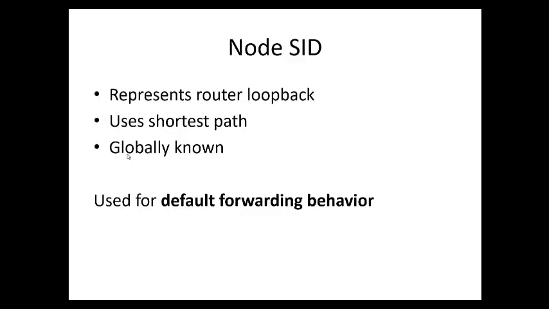And this node SIG ID is advertised using IGP. So every router will have a unique SIG ID to identify all other routers. It's globally known. For default forwarding behavior, meaning you don't have any particular path option, you just want to leave it default, then you will see only node SIG ID being used.